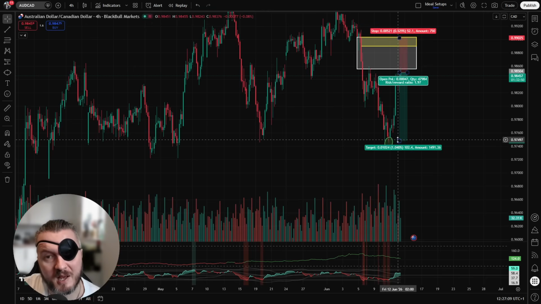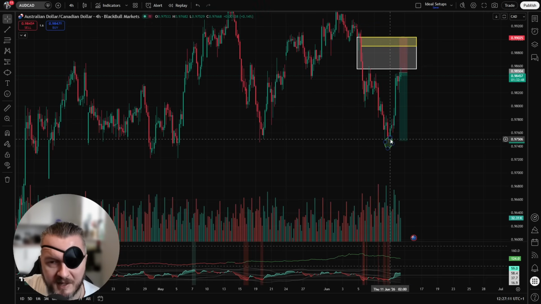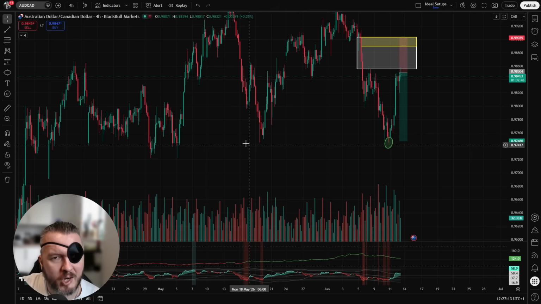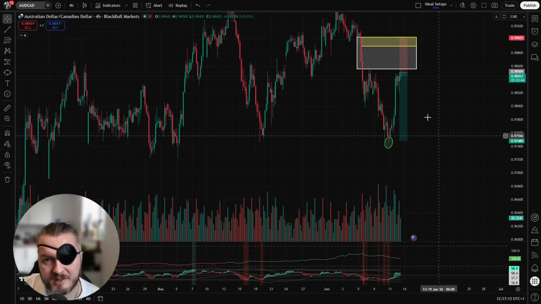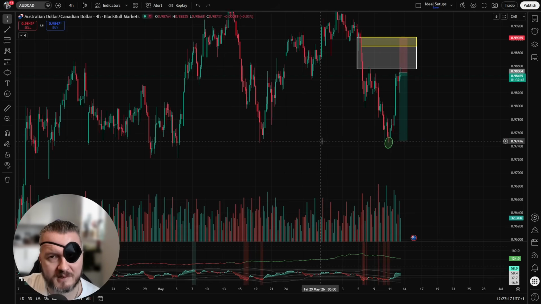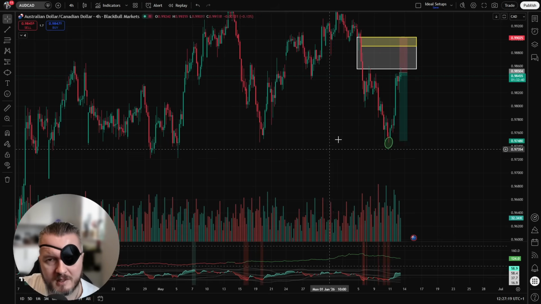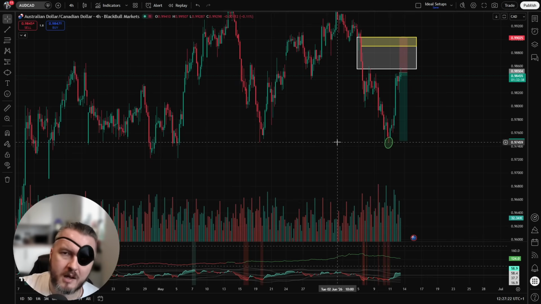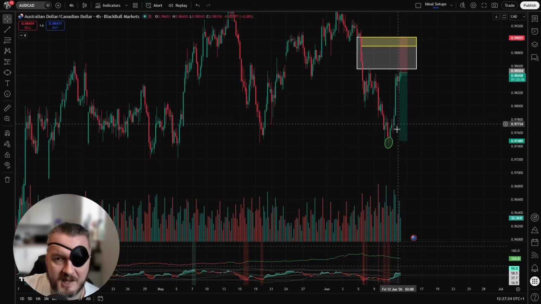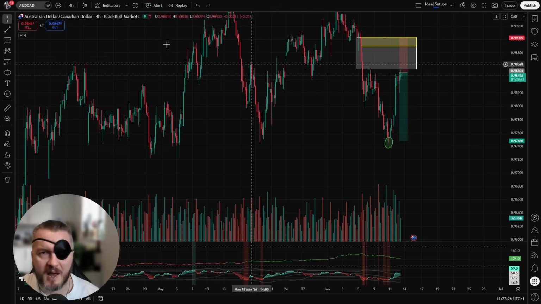I haven't got a fixed take profit, but I'm anticipating for the market to rebound down to this level here, approximately. So that's why I've roughly laid it out like that.